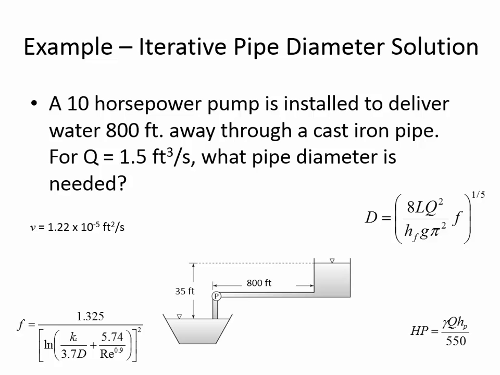So if we rearrange that to solve for pump head, H sub P is 550 times horsepower divided by the unit weight times the flow rate. 550 times 10 divided by 62.4 pounds per cubic foot, and the flow rate is 1.5 cubic feet per second.